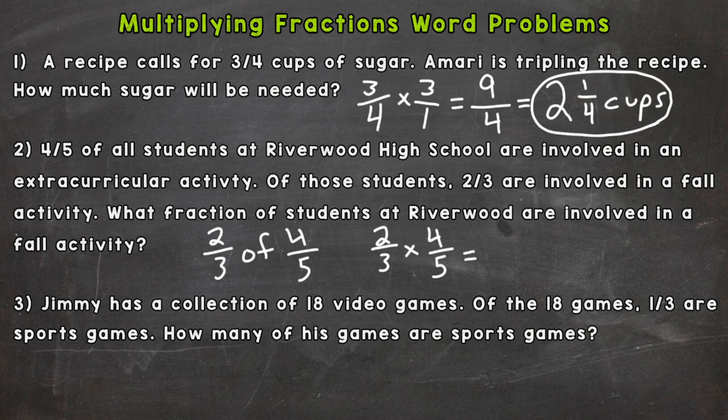Now I can multiply straight across. 2 times 4 is 8. 3 times 5 is 15. That fraction's in simplest form. So now we need to put a label. And our question was, what fraction of students at Riverwood are involved in a fall activity?